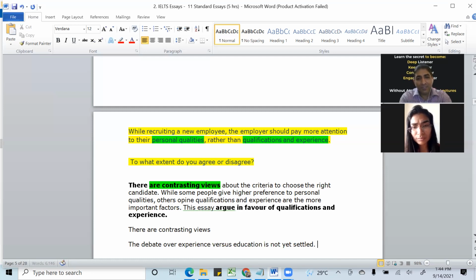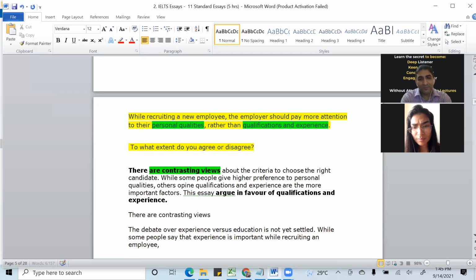So while some people say that experience is more important while recruiting an employee, others say that educational qualifications are more important.